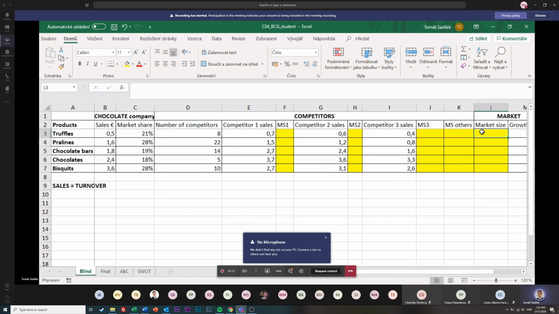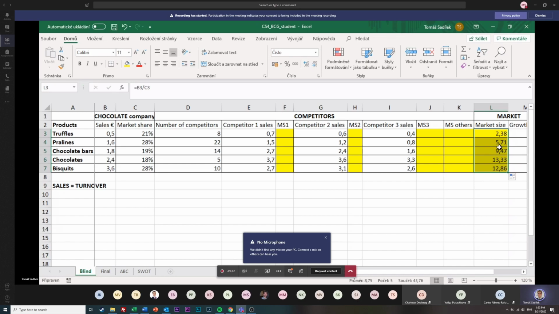In my case, divide the cell B3 by C3, and the total market size is 2.38. So it's correct. Then you can just copy this formula to the other cells, and this is the first column that should be filled in.